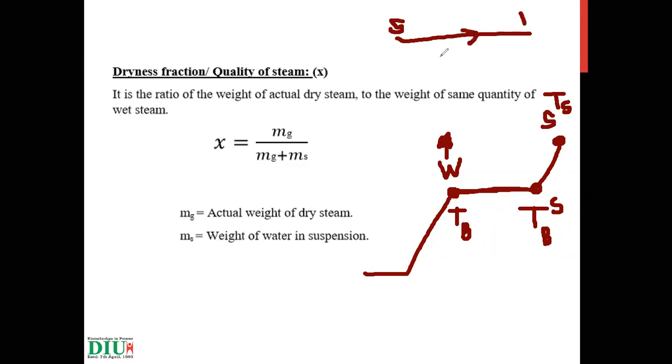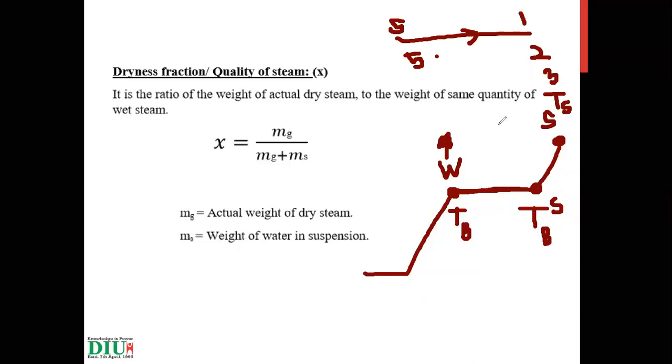That is also wet steam. You started with 5 kg and 2 kg converted into steam. That is also wet steam. You started with 5 kg, and 3 kg became steam. That is also wet steam. So wet steam has a huge span of region.